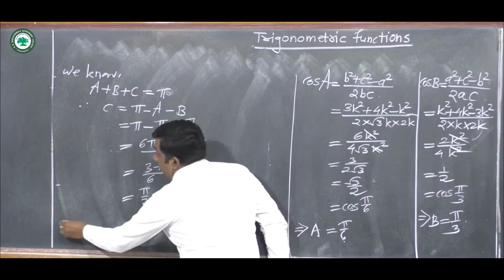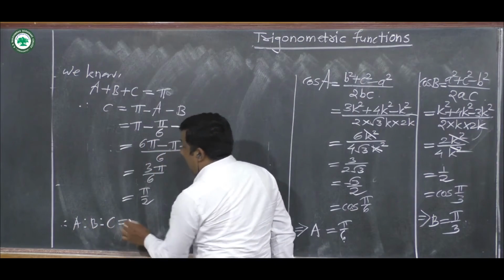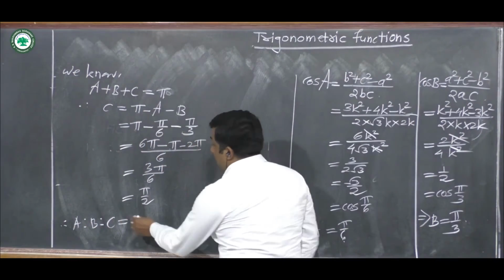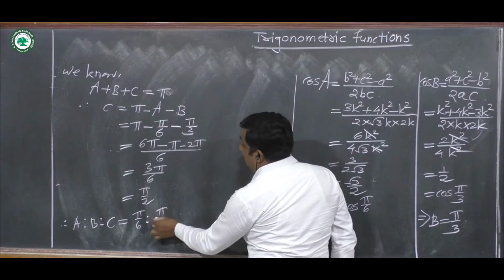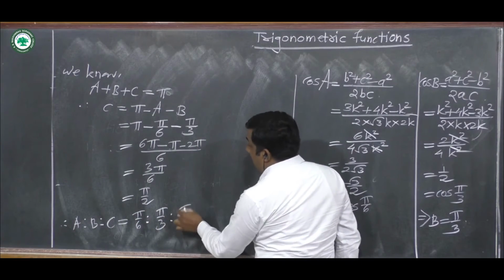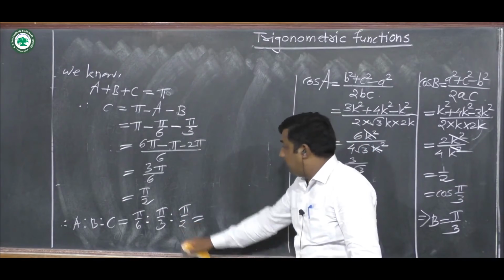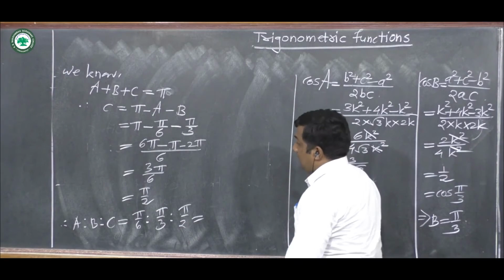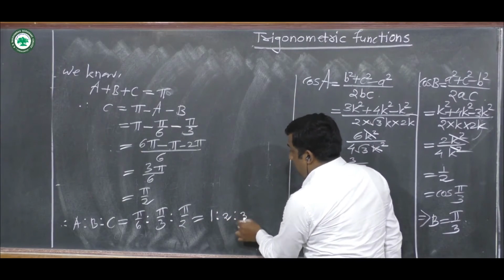That is, we have to find A as to B as to C, and this is equal to, we know A is pi by 6, B is pi by 3 and C is pi by 2. So if we solve this RHS, we get 1 as to 2 as to 3.